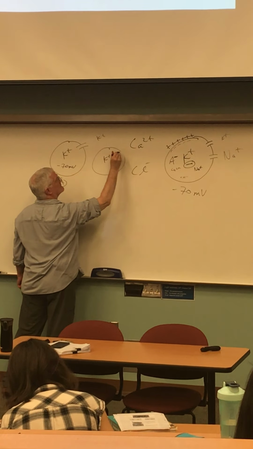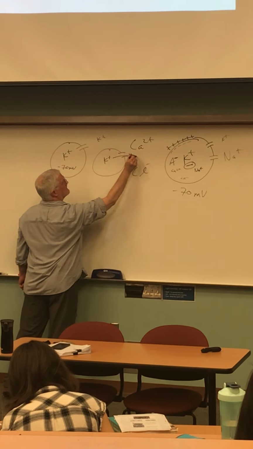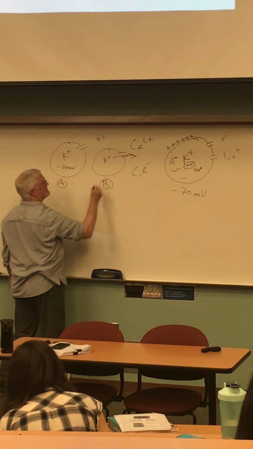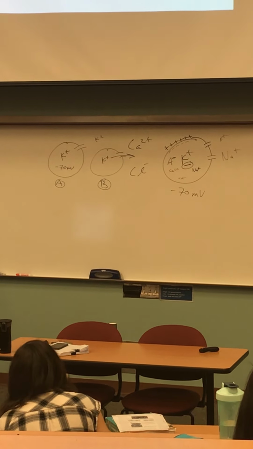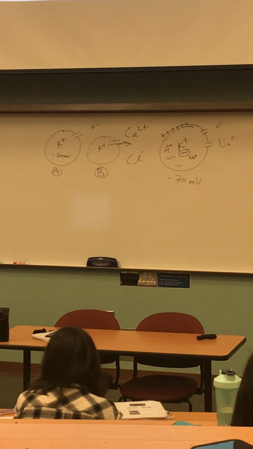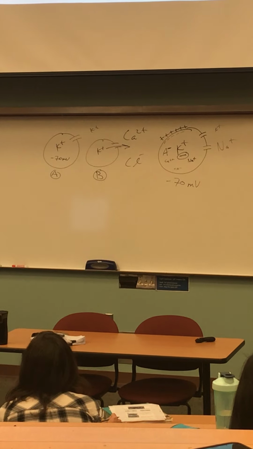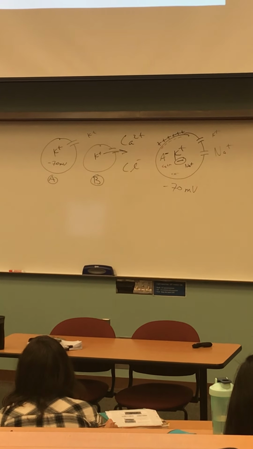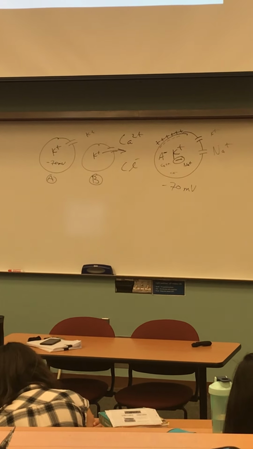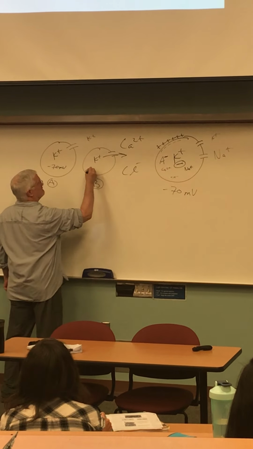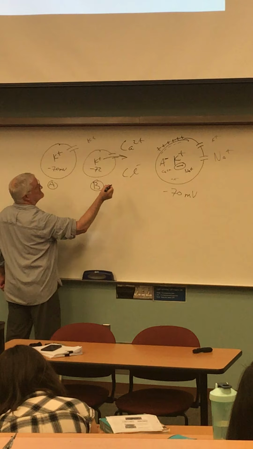Make it a bit bigger. What's going to happen to the charge inside of cell B because potassium is leaving? It becomes more negative, right? Because we're losing positive charge. Everybody okay with that? All right, awesome. So maybe it'll become a negative 72.